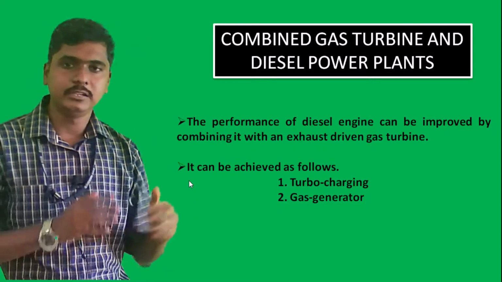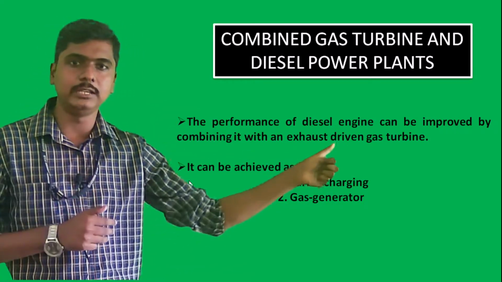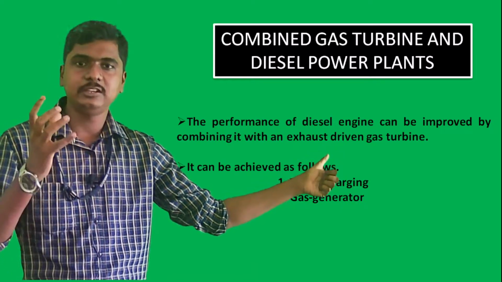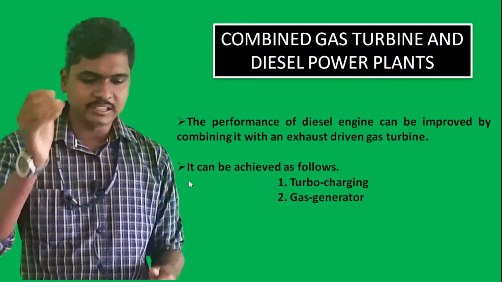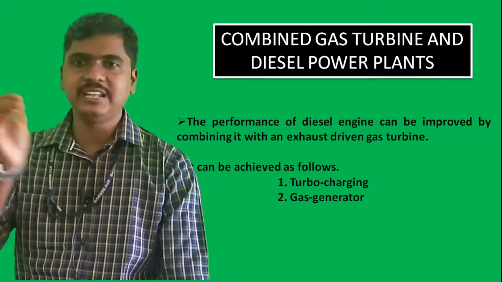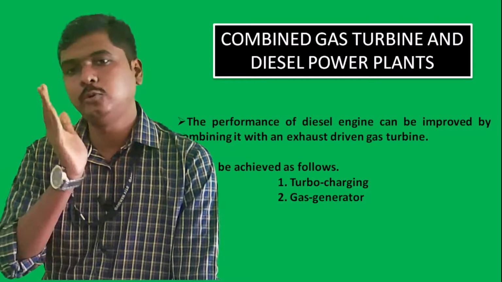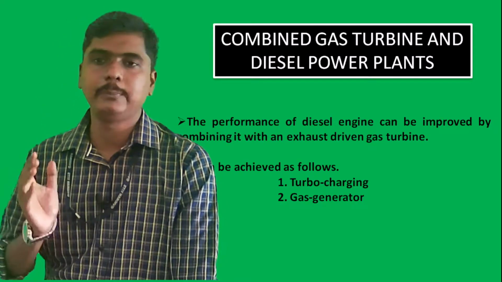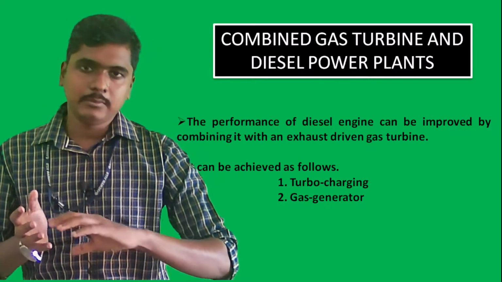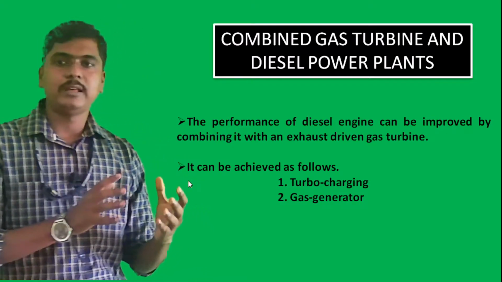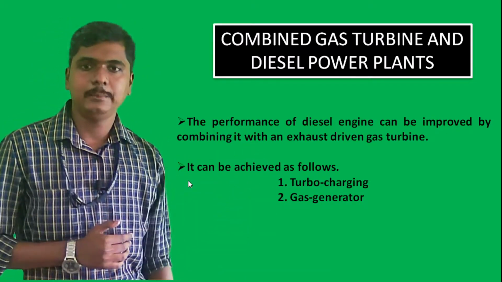We are doing all these things to improve the efficiency of a diesel power plant, because in a diesel power plant the efficiency is very low, hardly 25-30%. So how to improve that efficiency? We are going to combine a gas turbine plant along with a diesel power plant.